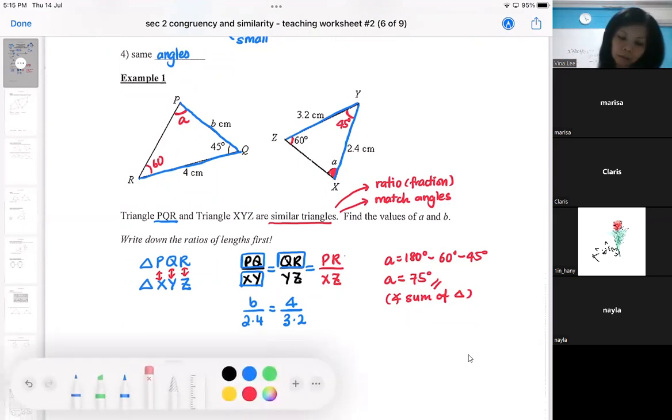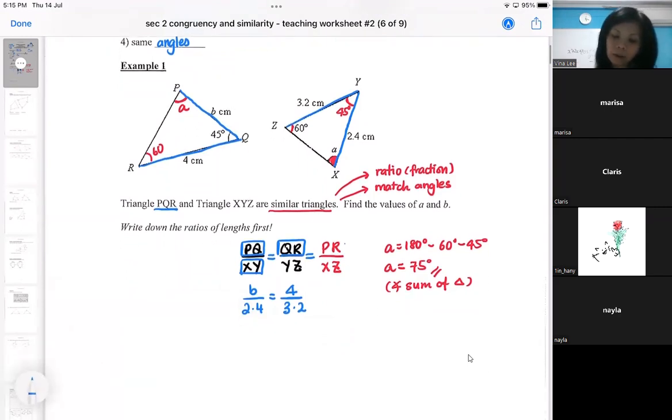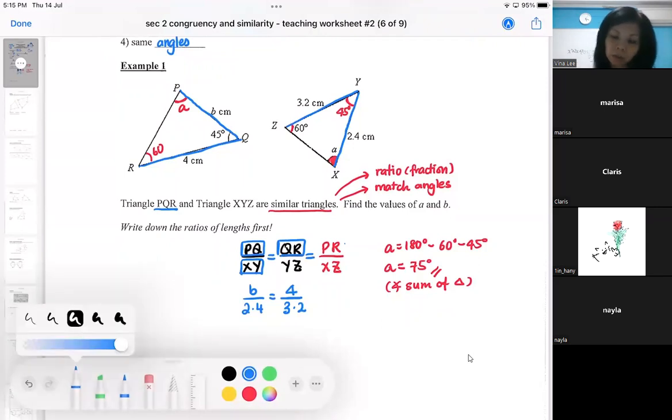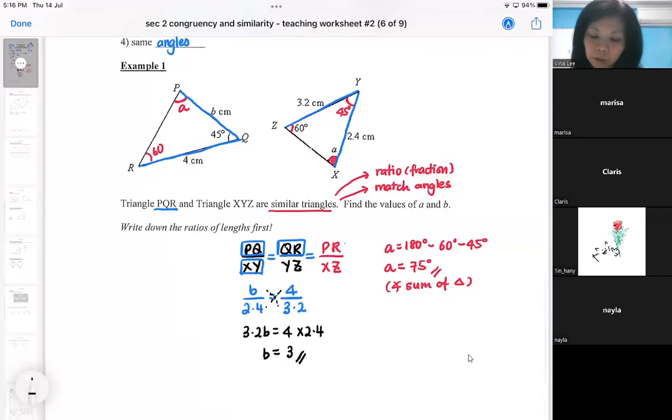So if you write out the ratio already, you realize that you can do your cross multiplication. If I compare this to congruency, I think this one is a little bit harder, but it's not very difficult. Write out the ratio, plug in, you should be able to do some cross multiplication.